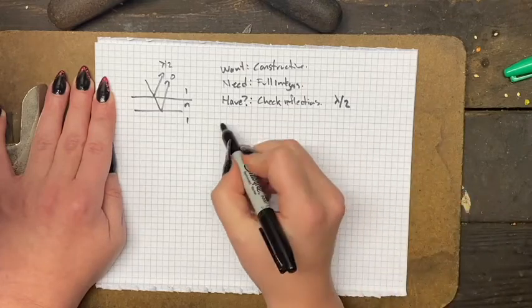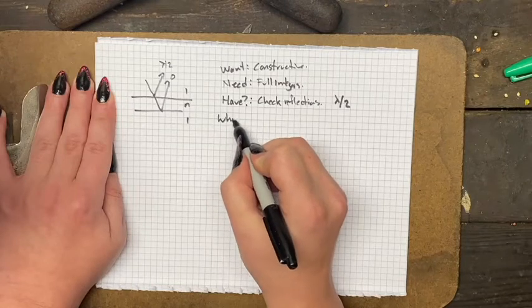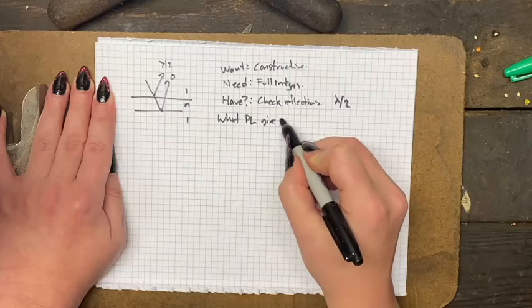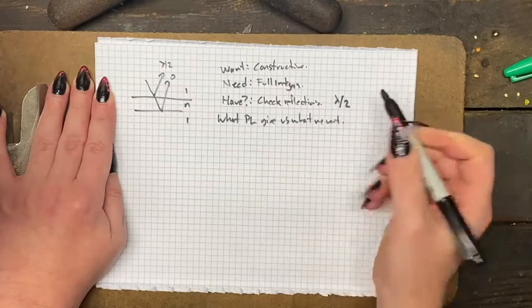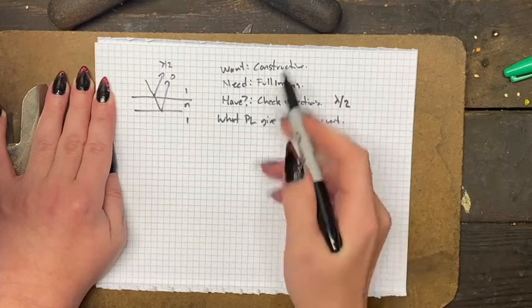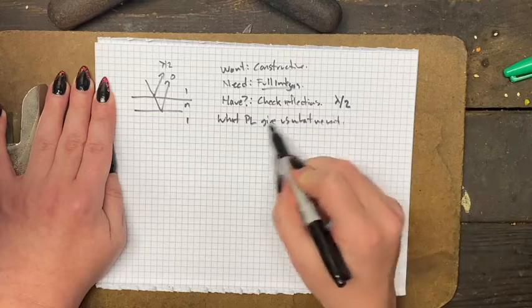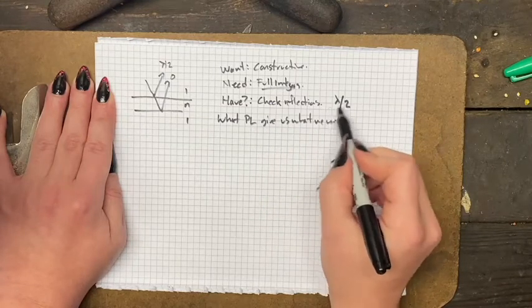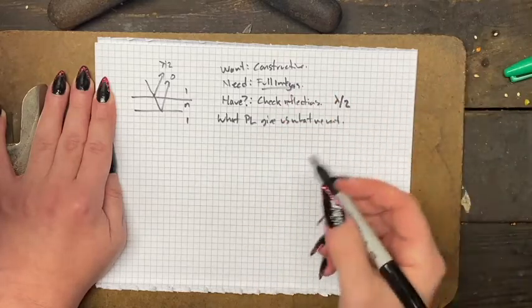So here's the question of, what do you want to do for the path length? What path length will give you what you want? We want full integers. Here, we have a half. We need the path length difference to contain another half such that it'll cancel this one out and give us the full integers we need for fully constructive interference.